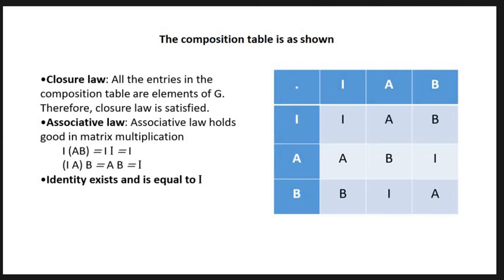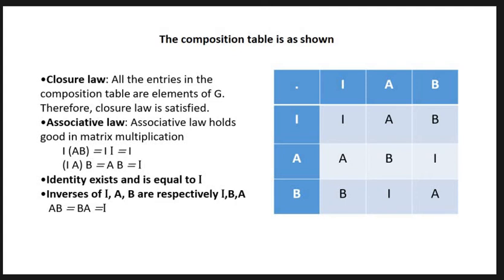So I into I is equal to I. Therefore, inverse of I is I. Then in the second row we have I here, so inverse of A is B, and in the third row I is in this place, so B inverse is equal to A. The inverses of I, A, B are respectively I, B, A, and from the table it is clear that A into B is equal to I, and B into A is also equal to I.